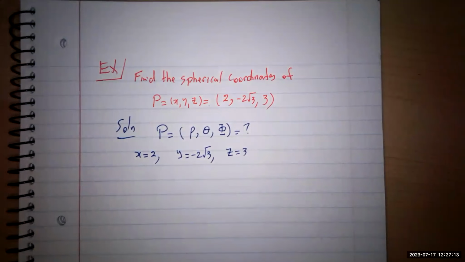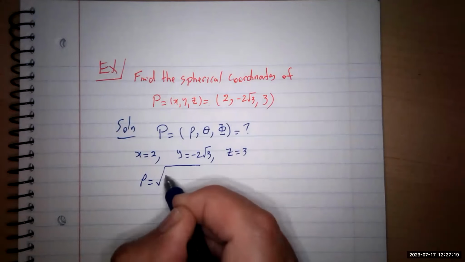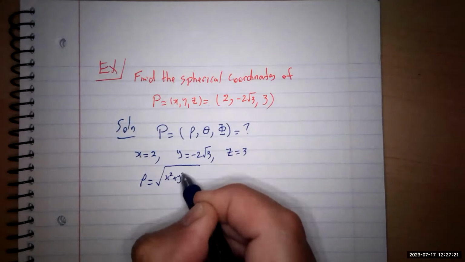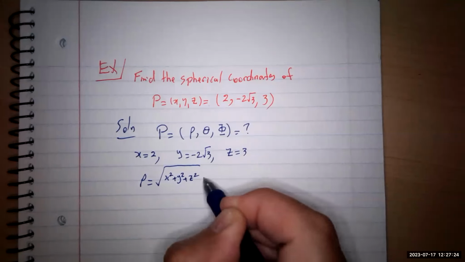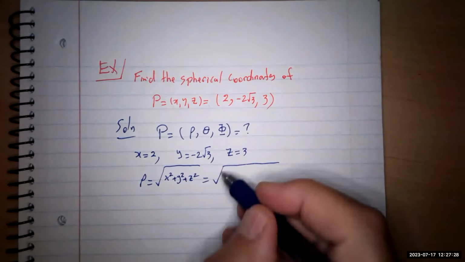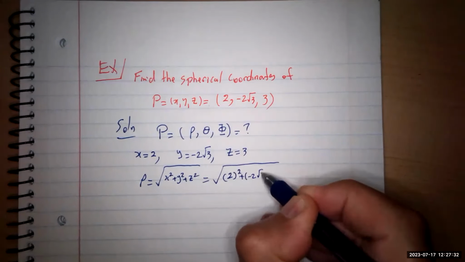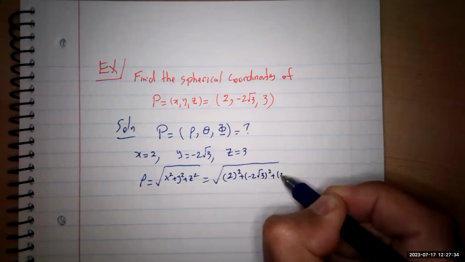So we find the rho first, the square root of x squared plus y squared plus z squared. Substitute: 2 squared plus negative 2 radical 3 squared plus 3 squared.